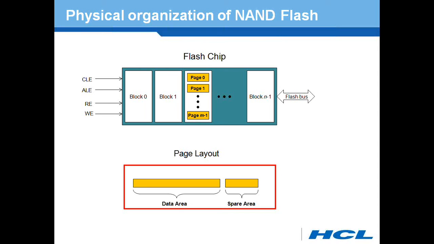The basic unit of erase operation is a block, whereas the basic unit of read or write operation is a page. Each page consists of a data area as well as a spare area. The data area and spare area sizes vary based on the size of the flash and depend on the manufacturer.